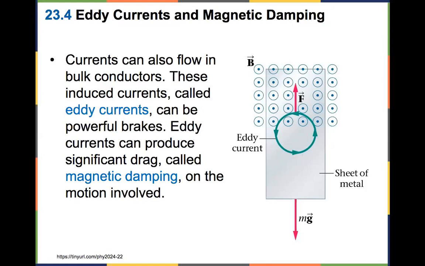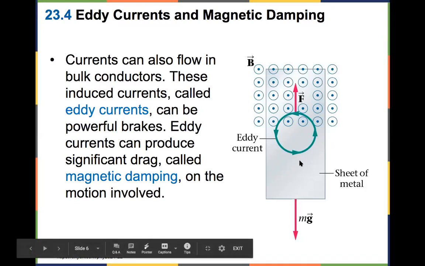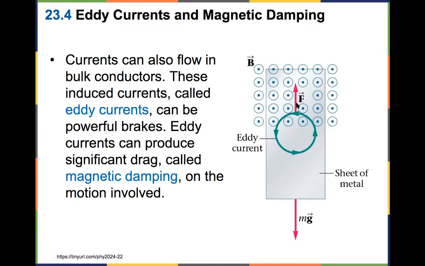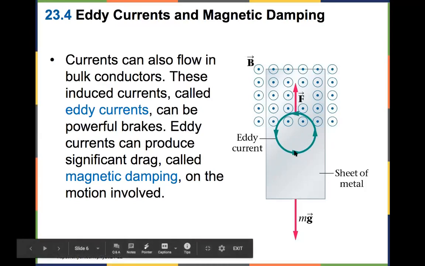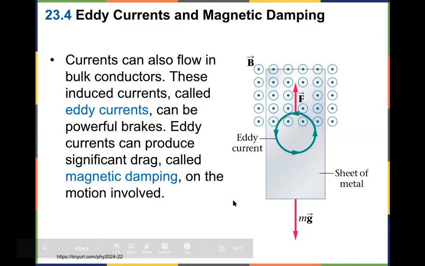If the block is going down, there will be a magnetic force on the current that opposes the motion, so it should be in the opposite direction. This phenomenon is also called magnetic damping. We checked a few examples on eddy current in the last lecture.